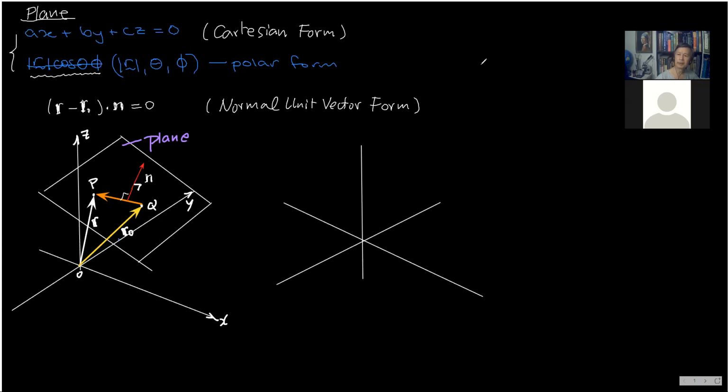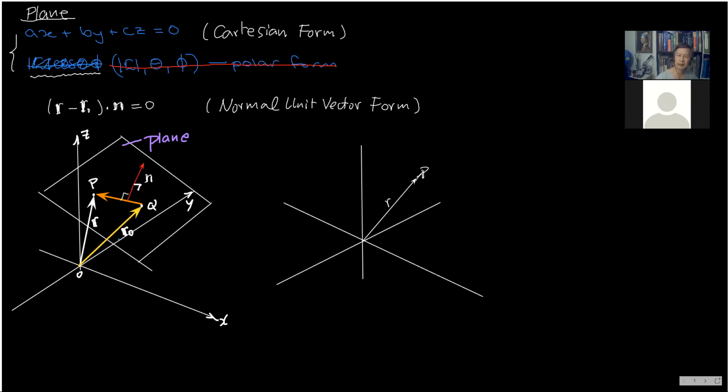So polar will be, can we just draw the position vector? That is a position vector, right? Can we just draw the position vector like this? So the position vector, if you want to describe this position P, you need to find the R, which is one variable, right? And another variable is the angle between this plane.